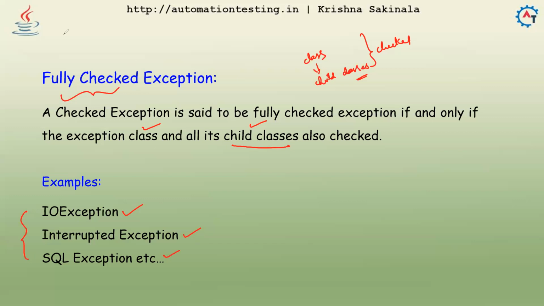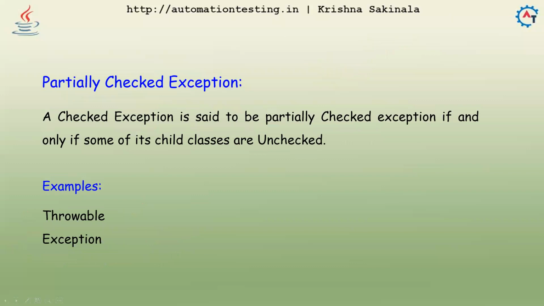Then what do you mean by a partially checked exception? When you talk about a partially checked exception, a checked exception is said to be partially checked if and only if some of its child classes are unchecked. So the parent class is checked, but if you have some children for this, a few may be checked and a few unchecked.